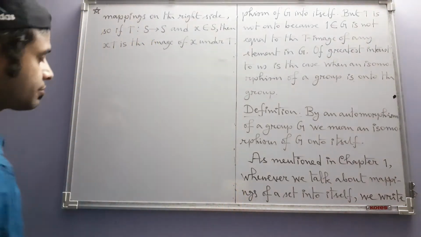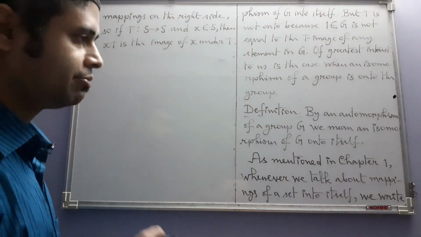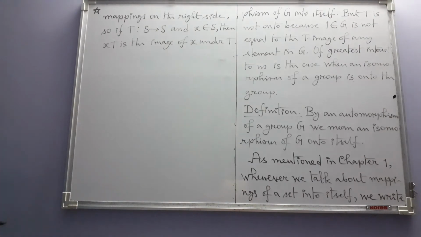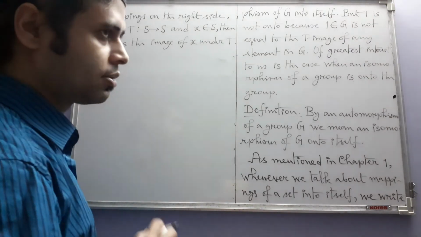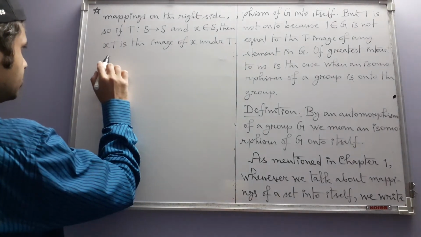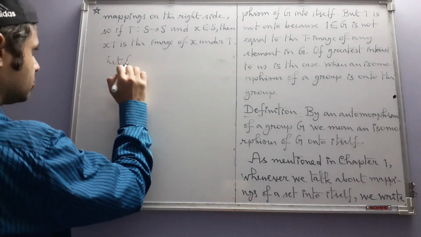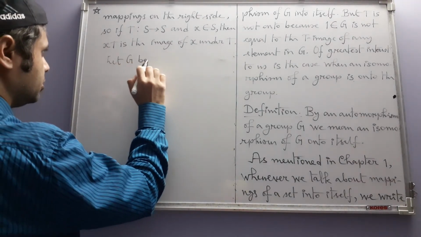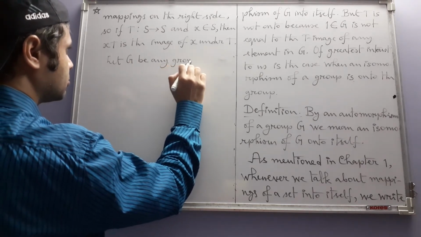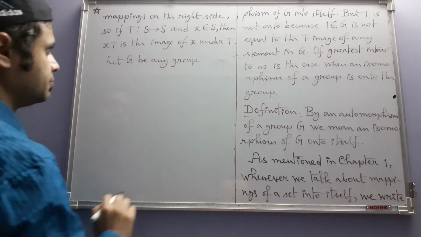Okay, so now we have the definition of an automorphism of a group. Let us now investigate the automorphisms of any group. Let G be any group.